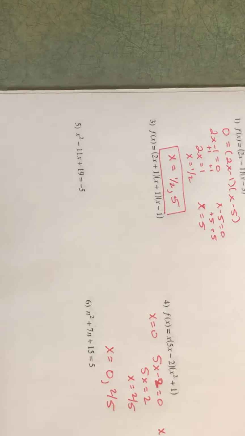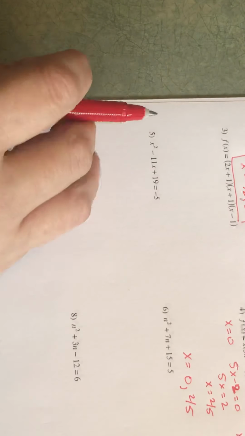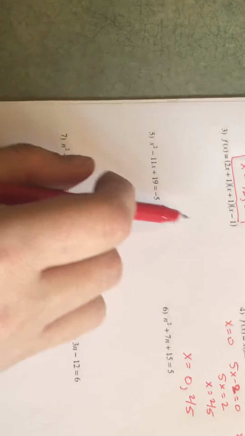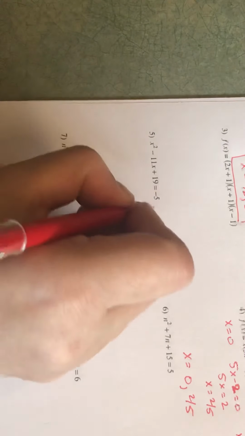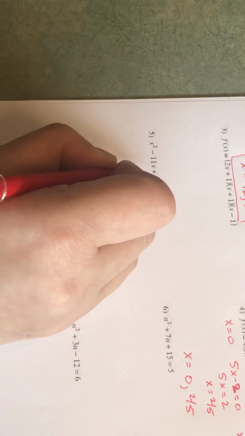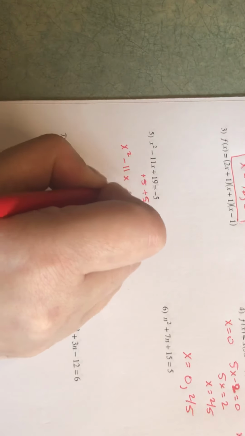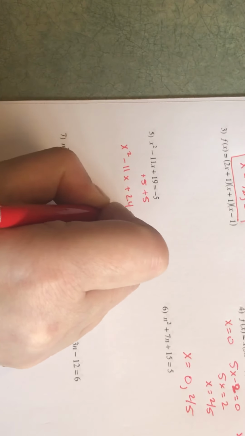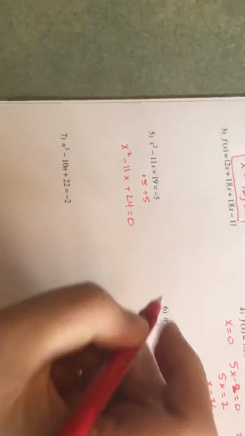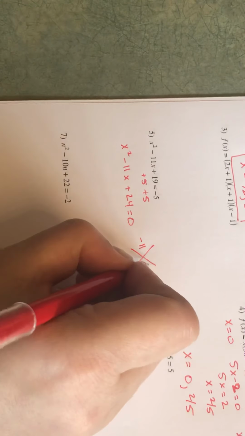Then when we get to here, we have to factor. These are factored for us, but now we have to actually remember to do the factoring. Remember, we need it equal to 0. So x squared minus 11x plus 24 equals 0. I'm going to go ahead and do my diamond problem just to help me out.